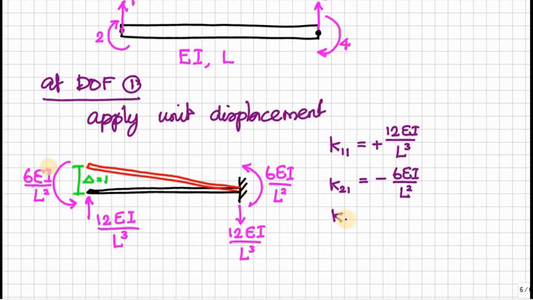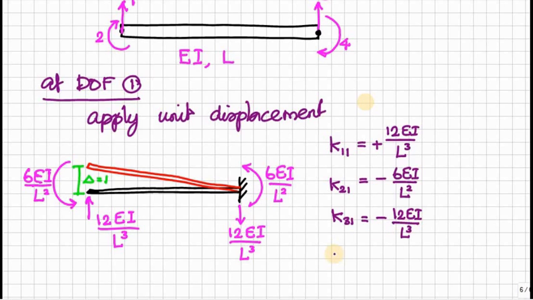Similarly, the next force K31 is minus 12EI by L cube, because this 12EI by L cube is acting vertically downward, but our degree of freedom 3 is vertically upward, therefore negative.